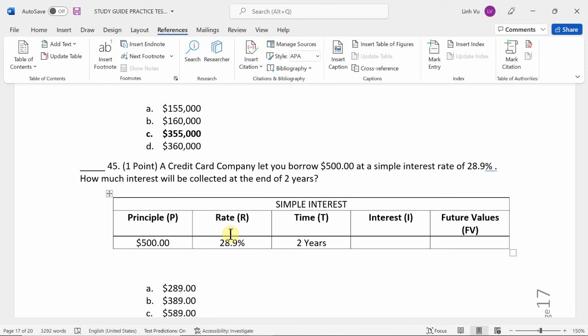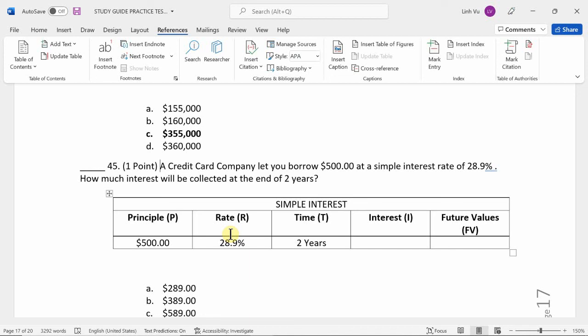How did you figure that out? 500 times 28.9, and then times 2. That's 28,900. Okay, let's do it again.